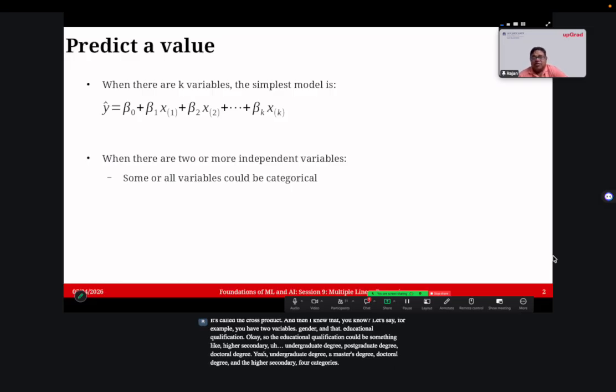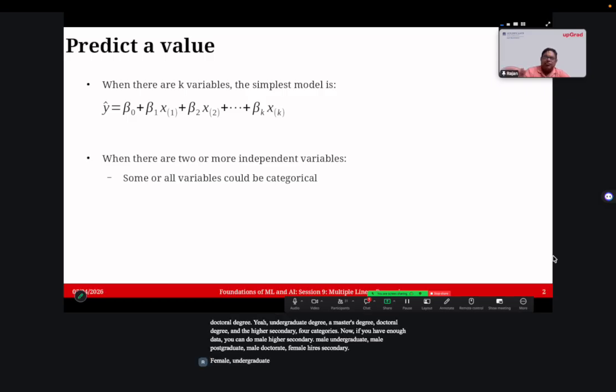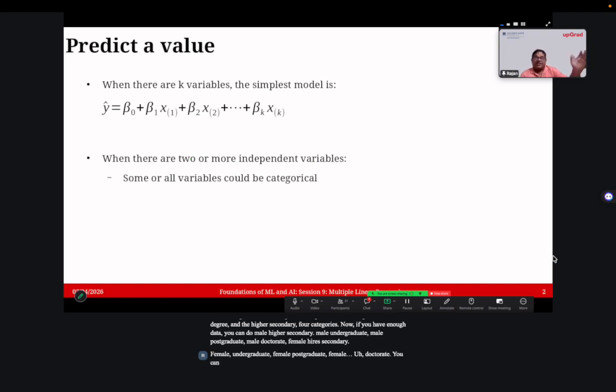Now, if you have enough data, you can do male higher secondary, male undergraduate, male postgraduate, male doctorate, female higher secondary, female undergraduate, female postgraduate, female doctorate. You can split these categories, right? Now, for each one of these, calculate the mean, keep them ready.